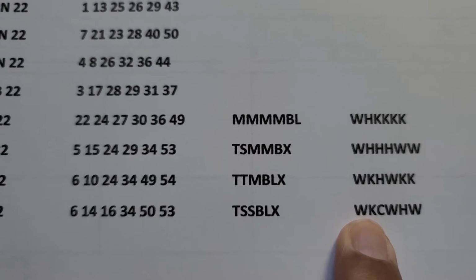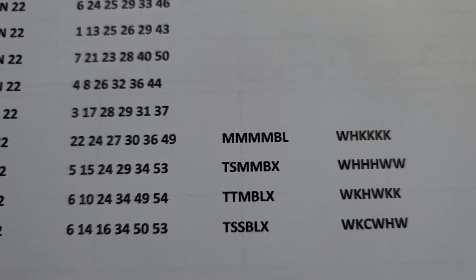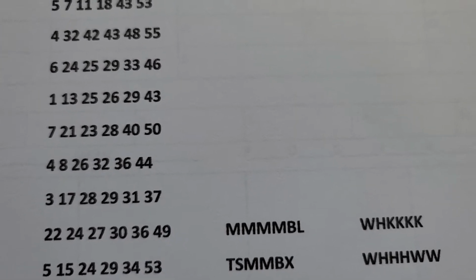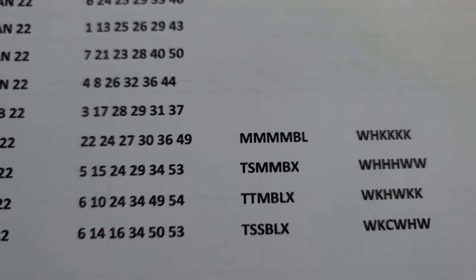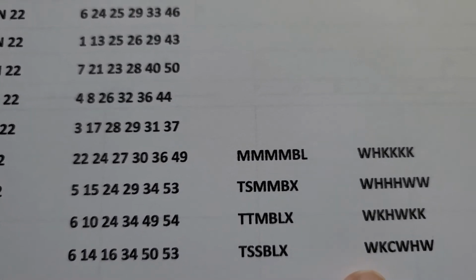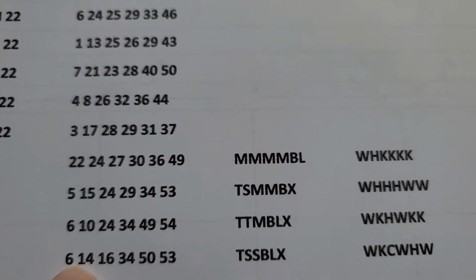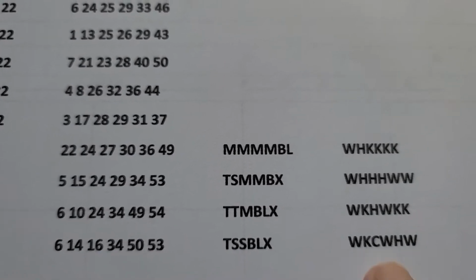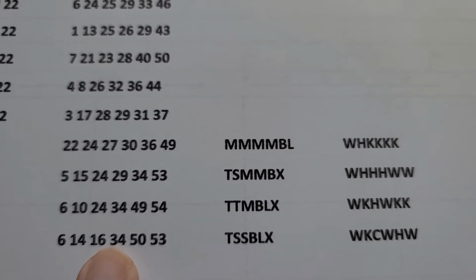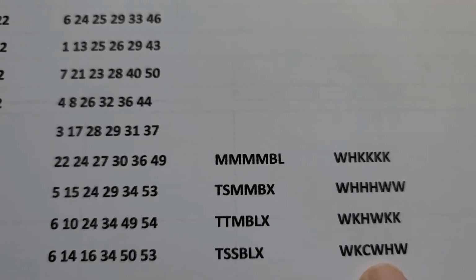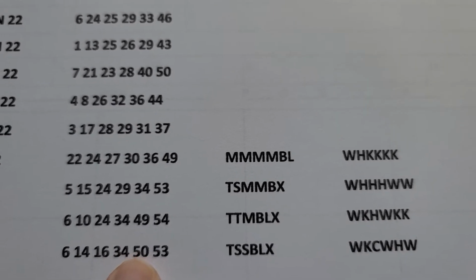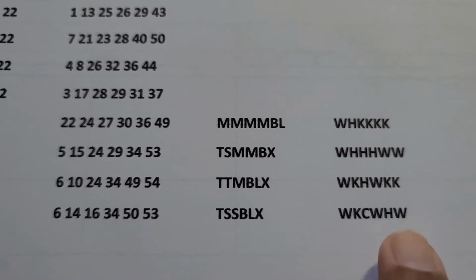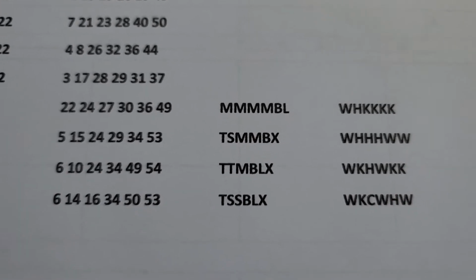In fact, let's see in this chart, 6 appeared 12 times, making it a warm number. 14 is a cool number. 16 is a cold number. 34 is a warm number. 50 is a hot number. And 53 is a warm number.